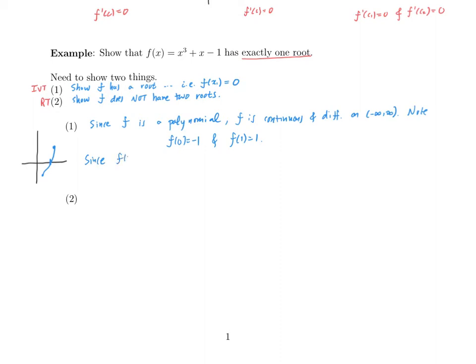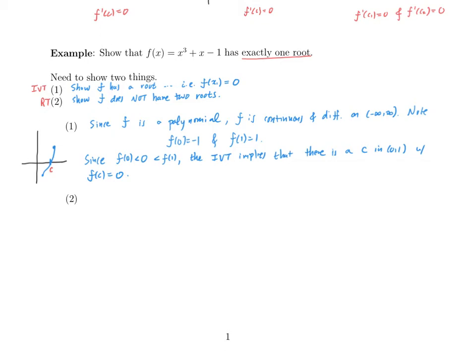So since f of 0 is less than 0, which is less than f of 1, the intermediate value theorem, IVT, implies that there is a c in between 0 and 1 with f of c equal to 0, where the number c corresponds to this root we've seen in our graphical intuition.